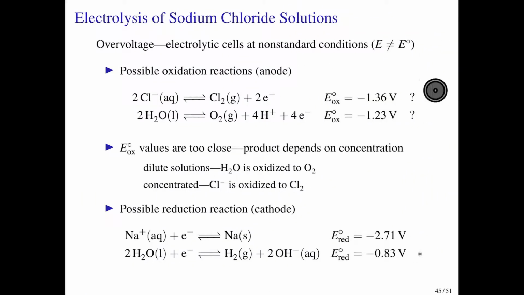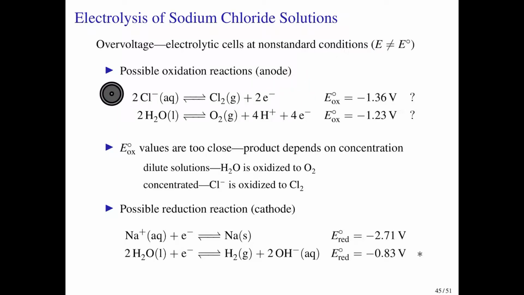Here, let's look at a different example. This one involves the electrolysis of an aqueous sodium chloride solution. Consider what species you have. You've got sodium cations, chloride anions, and then you've also got water. So let's look at the possible reactions at the anode.